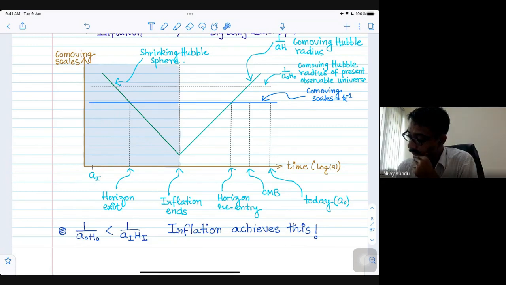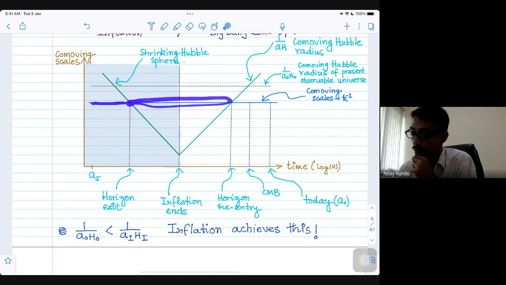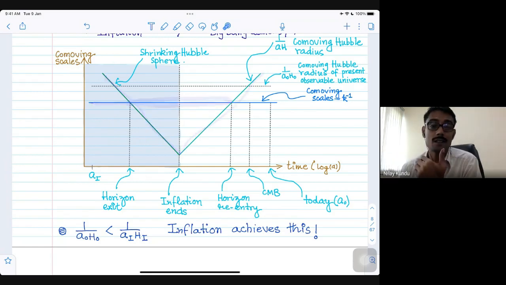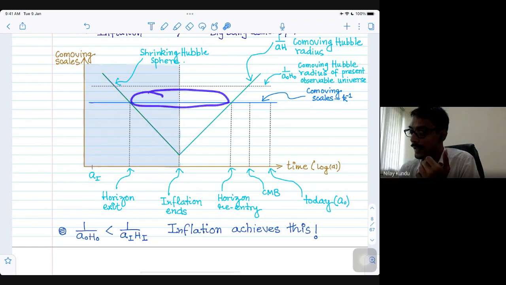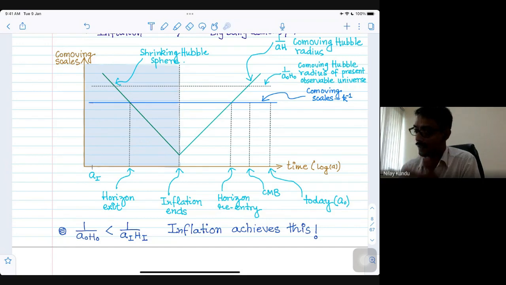As we can see, these modes at some point cross the horizon. So at this part of the cosmic evolution, it was outside the horizon, and no causal physics was affecting this part. And then in recent times, they are all entering inside the horizon again, because after inflation ended here, the standard Big Bang cosmology started and 1 over aH started increasing.